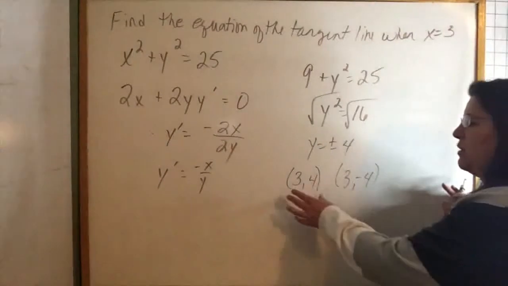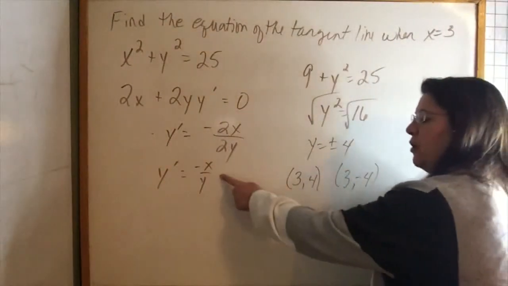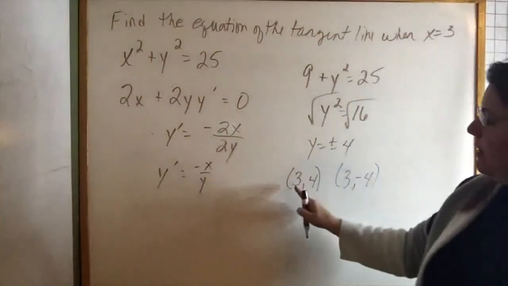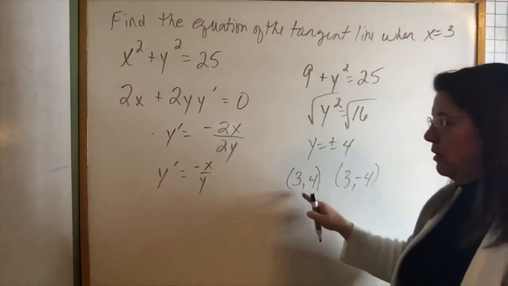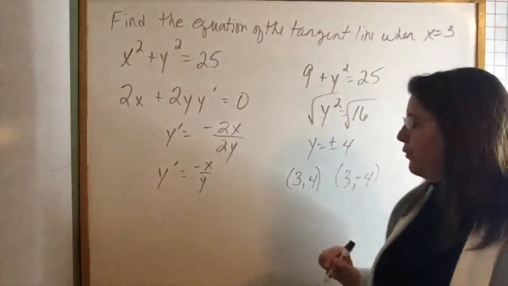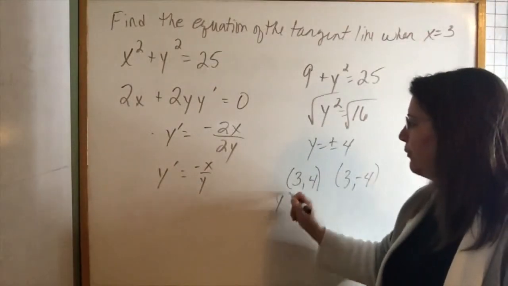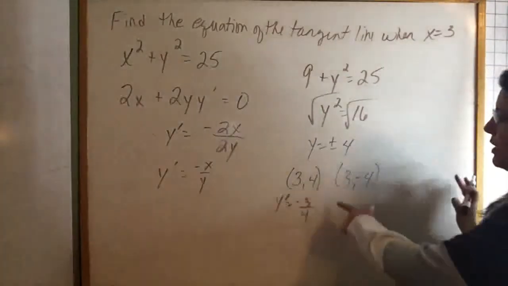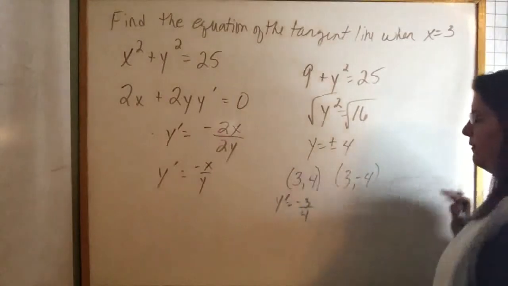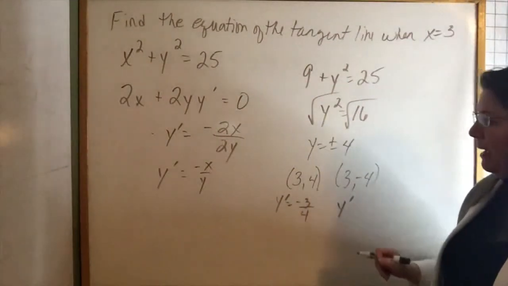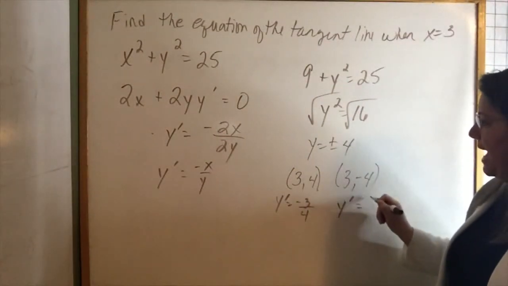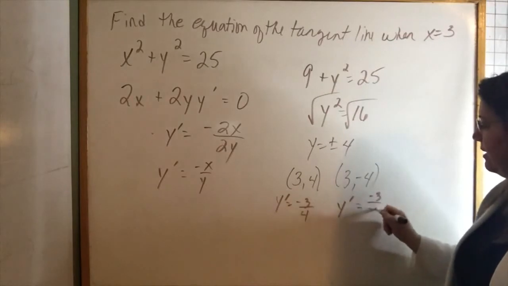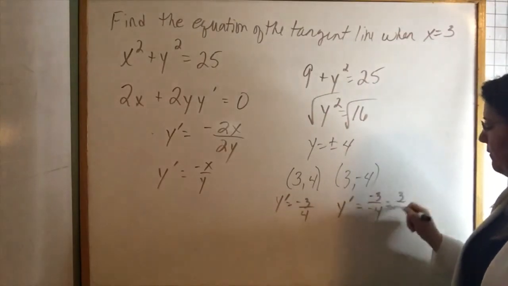I could plug these two ordered pairs into my slope formula. So when the ordered pair is 3, 4, if I plug that into y prime, I end up with y prime equals negative 3/4. When I plug 3, negative 4 in for y prime, I end up with y prime equals negative 3 over negative 4, which is a positive 3/4.